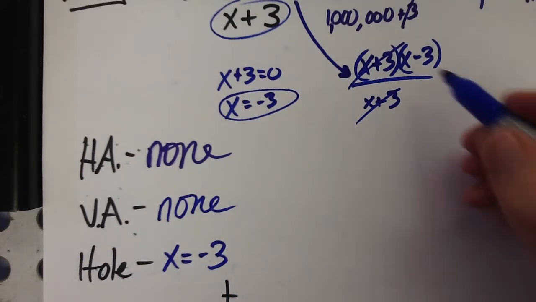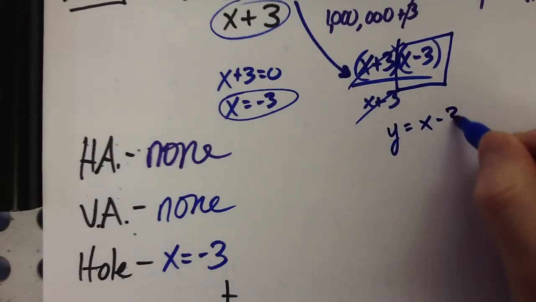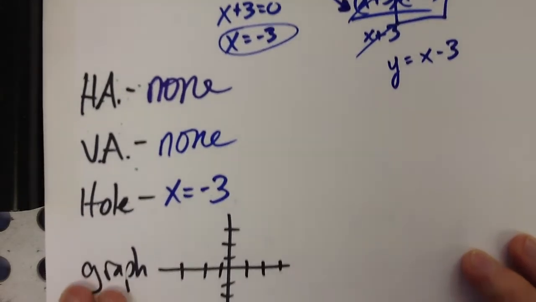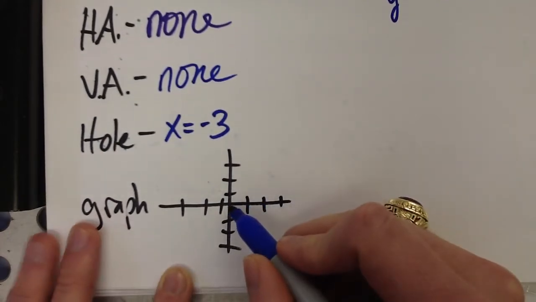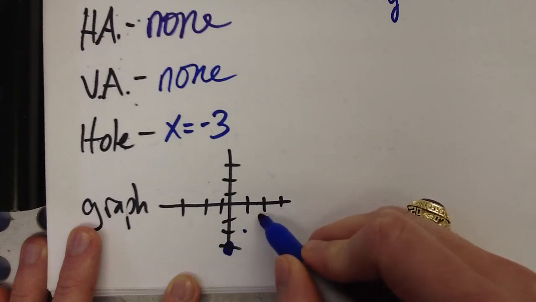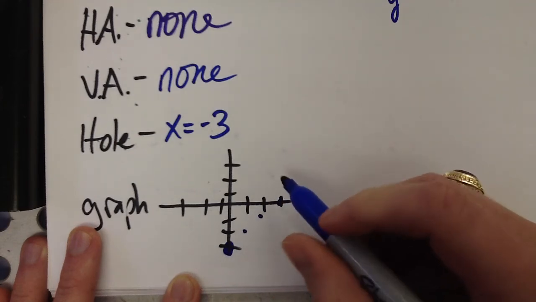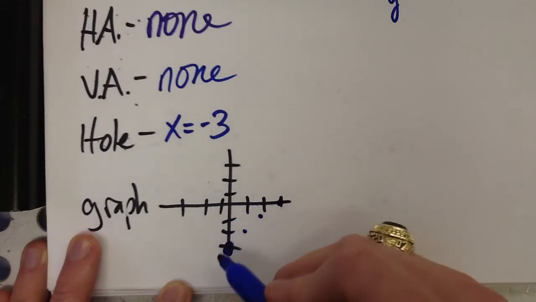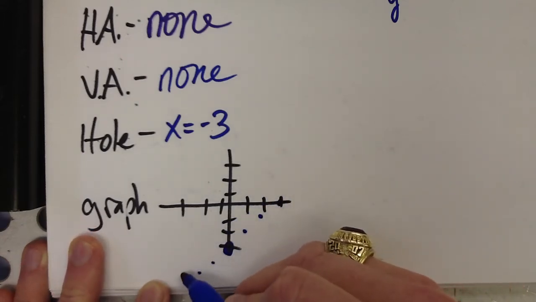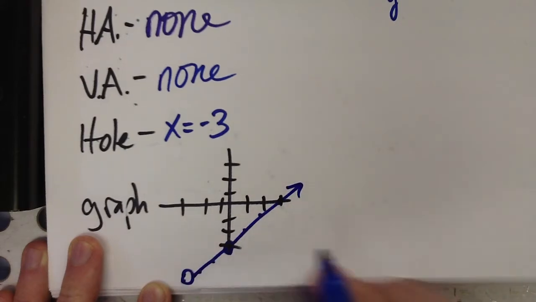Now, what's left is x minus 3. So in other words, y equals x minus 3. Well, that's my graph. Y equals x minus 3. Intercept at negative 3. Up 1 over 1, up 1 over 1. And where we have a hole is where x equals negative 3. So if I kept going back this way a little bit, what will happen is I have a missing spot down here.